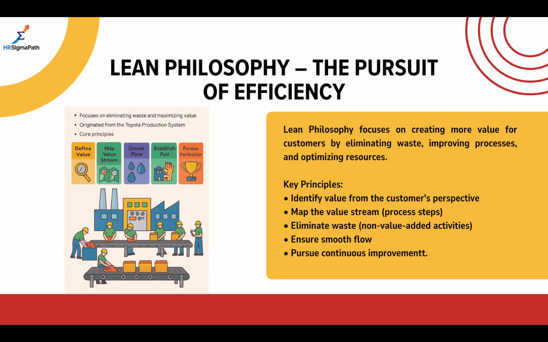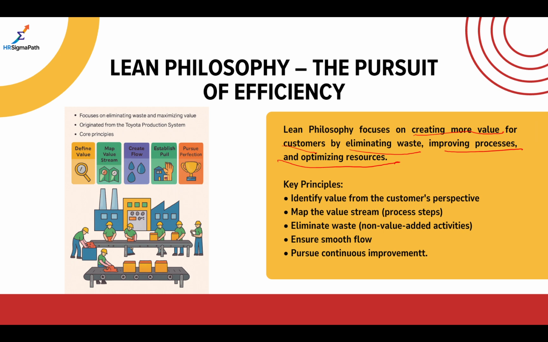What is lean philosophy here? Lean philosophy is all about doing more with less, like less time, less waste, and fewer errors. Lean philosophy focuses on creating more value for customers by eliminating waste, improving the process, and optimizing the resources.